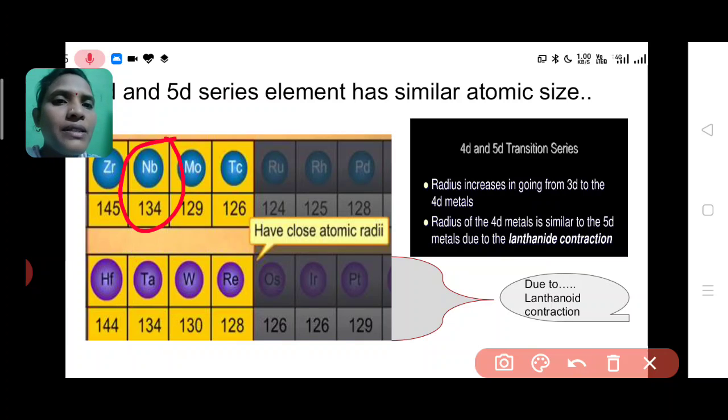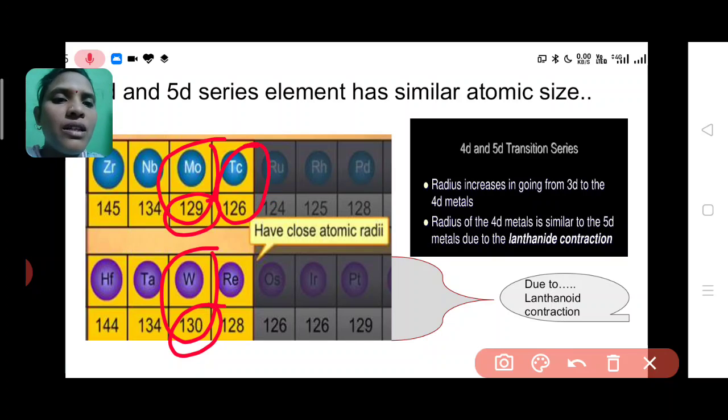Then again if we see the third pair, that is molybdenum and tungsten. Mo means molybdenum and W means tungsten. So molybdenum and tungsten also have nearly similar atomic size, that is 129 and 130. Same way we see technetium.